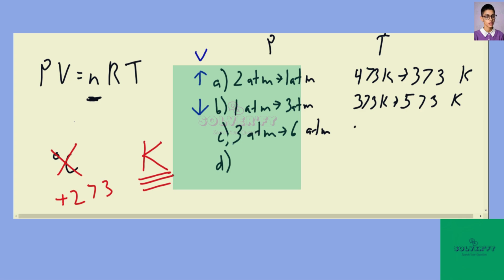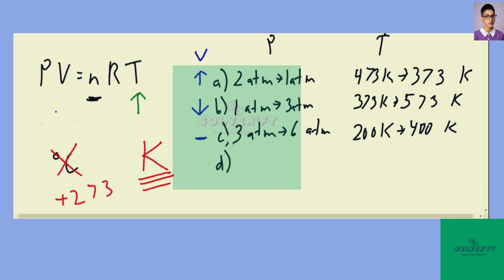And if you do the conversion, you'll find that you have 200 Kelvin going to 400 Kelvin. So this is doubling. Let's get some color in there. So the pressure's doubling, and the temperature is actually doubling, which means volume is actually staying the same in this case.